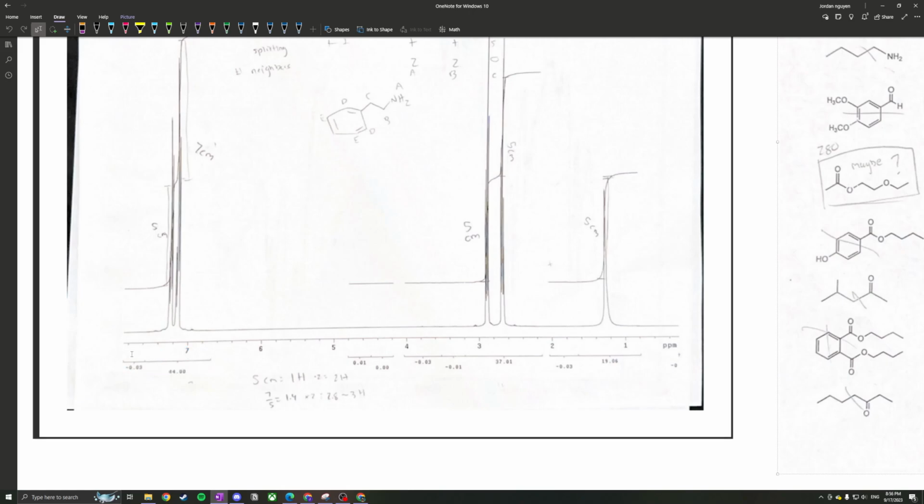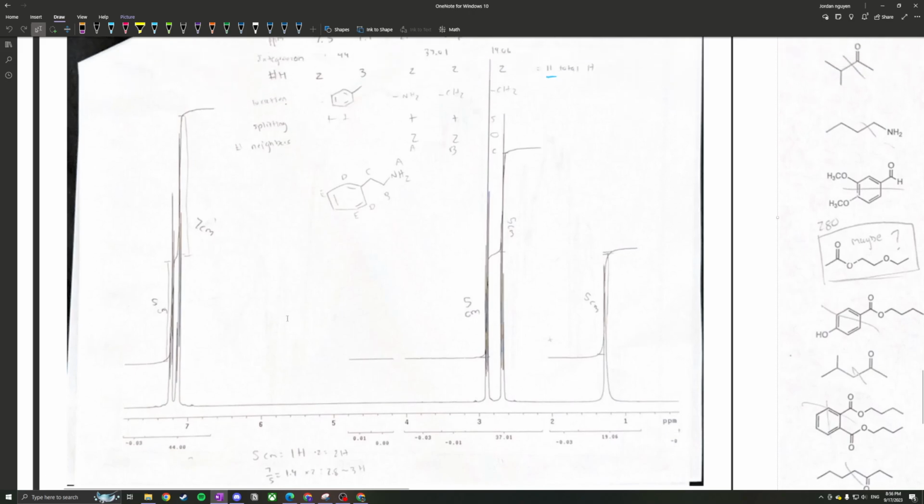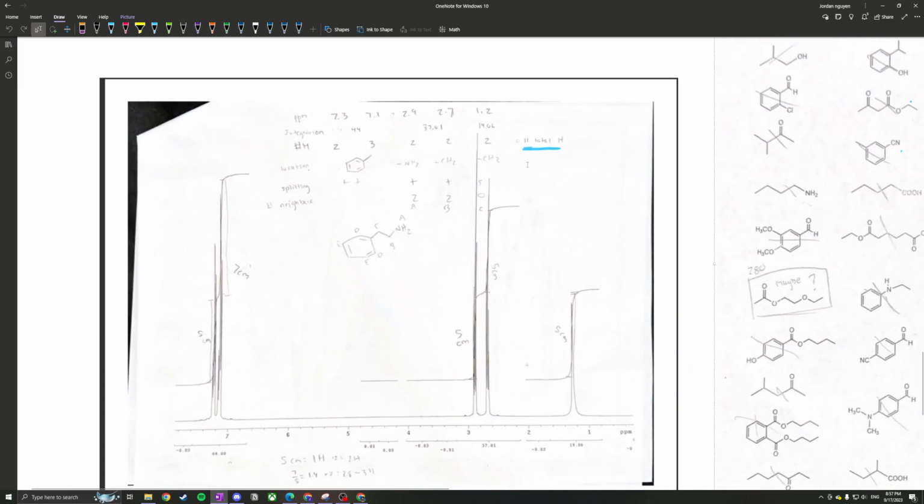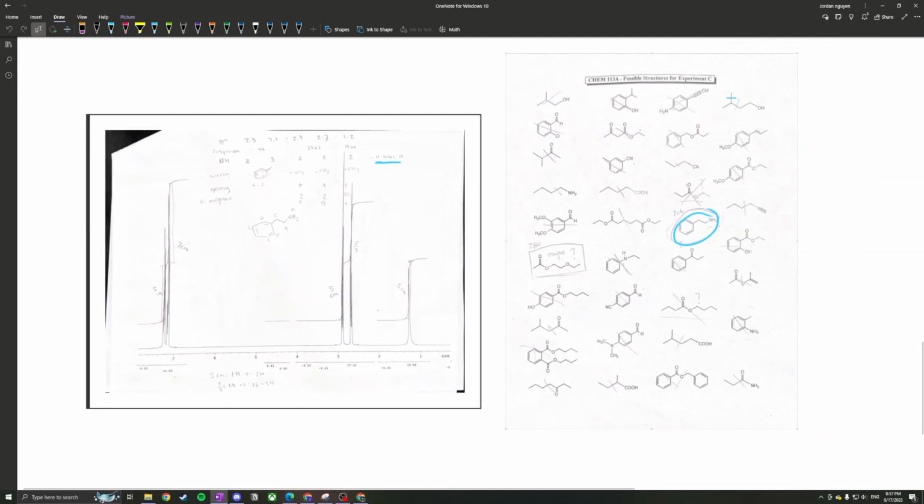So I measured the peaks and solved for the number of hydrogens that way, and from that I got 11 total hydrogens. After that, I compared how many hydrogens were in this blue circled compound and this one that's red circled.